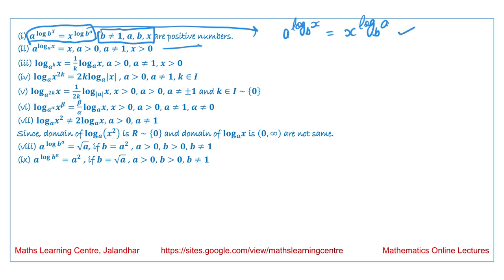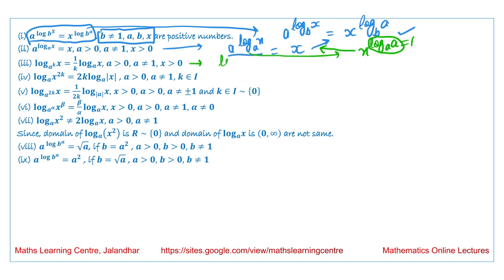Next result we have is that a raised to the power log x to the base a is equal to x. We can obtain this result by using the previous result. So this value is equal to x raised to the power log a base a, and the value of this term is equal to 1. So the answer we obtain is x.